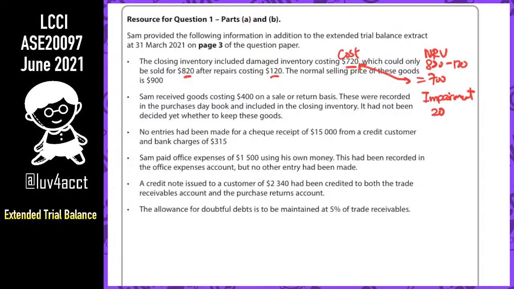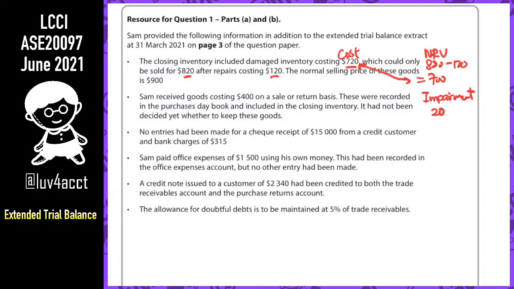So, goods received on sale or return basis, that means our suppliers send us the goods, and we have to decide. If we accept the goods, then it is our purchases. But no decision is made yet, that means it should not be our goods yet.